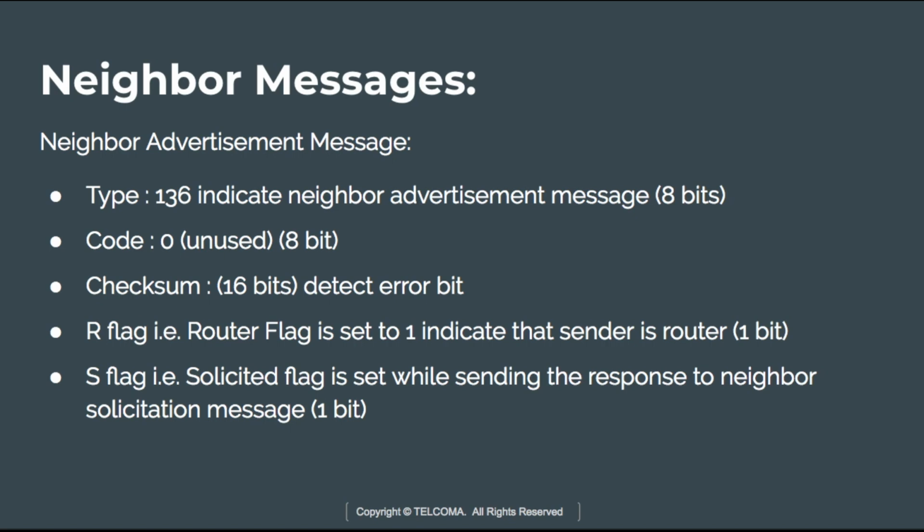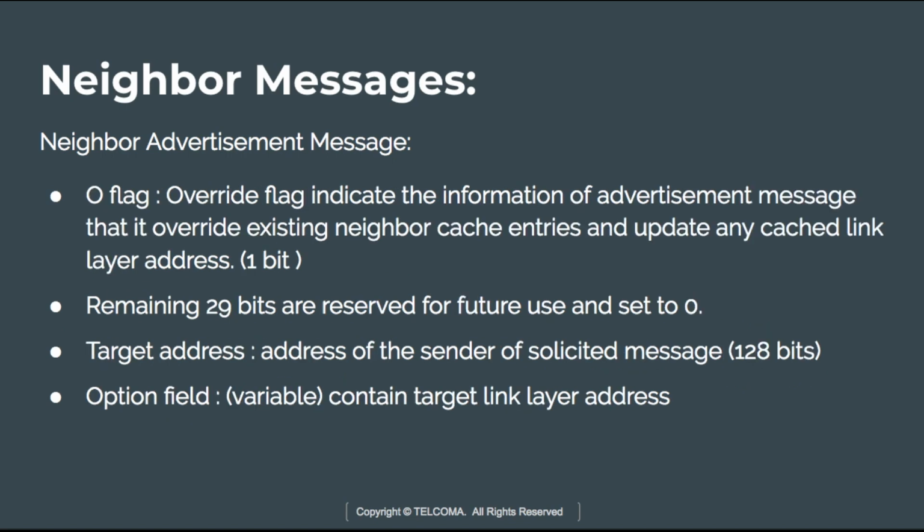In the flag field the first flag is the R flag, the router flag. If this is set to 1, it indicates the sender is a router. Then is the S flag, the solicited flag, which is set while sending the response to a neighbor solicitation message. And the O flag is the override flag. It indicates that the advertisement information should override existing neighbor cache entries and update the cached link layer address.